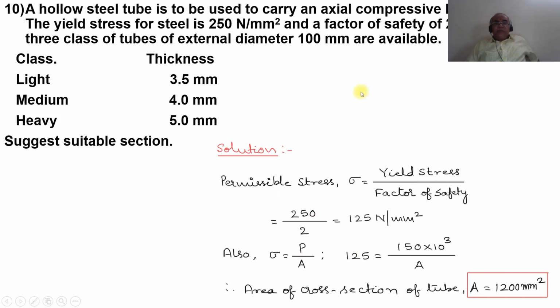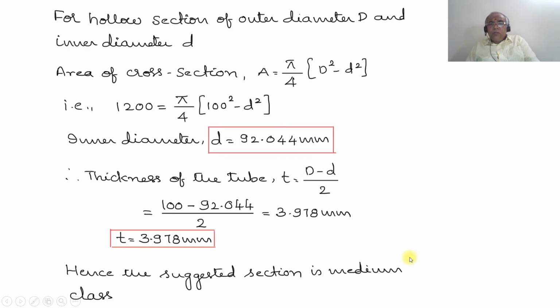What is P? P is given to be 150 into 10 to the power of 3 because that is in kilonewton. 150 into 10 to the power of 3 divided by A, which is the area of cross section, which I don't know. Therefore, the area of the cross section of the tube is 1200 mm square.